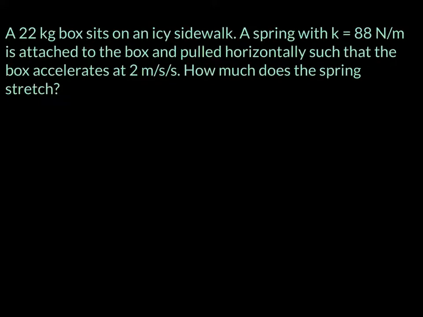Box on an icy sidewalk. So here's a box, a pretty green box with yellow sides, sitting on an icy surface. If it's icy, we get to assume no friction. Effectively no friction. Technically not true, but why not?